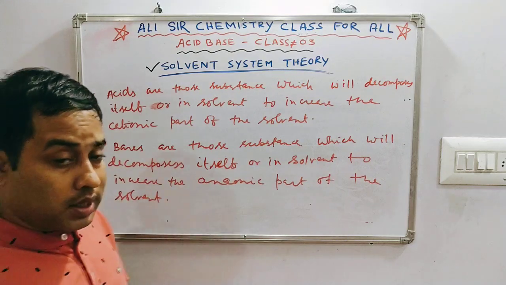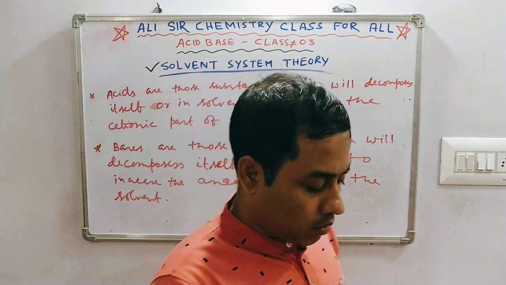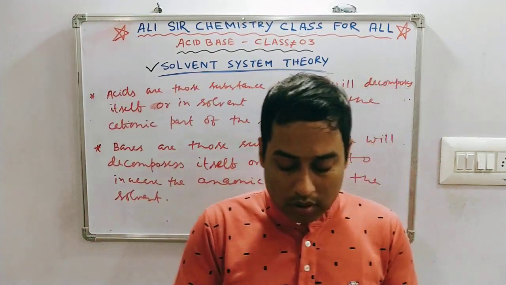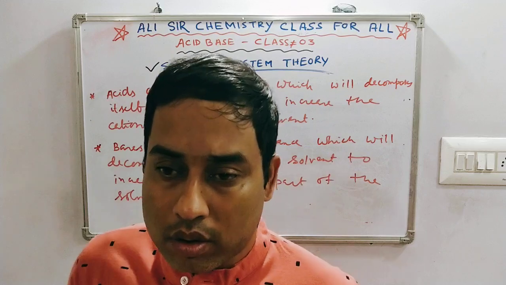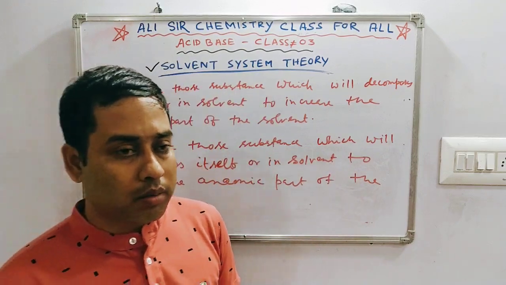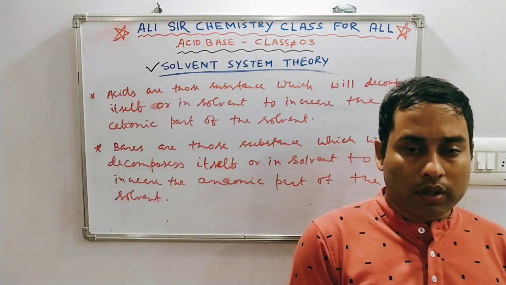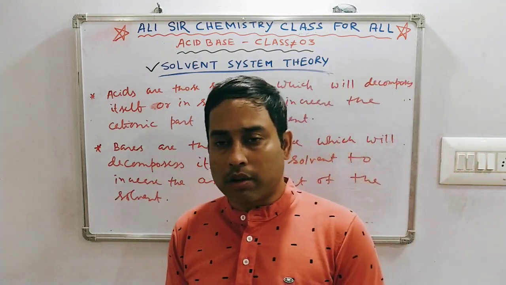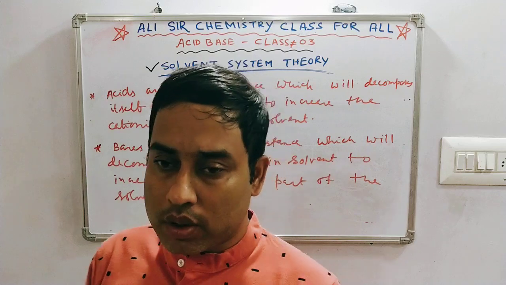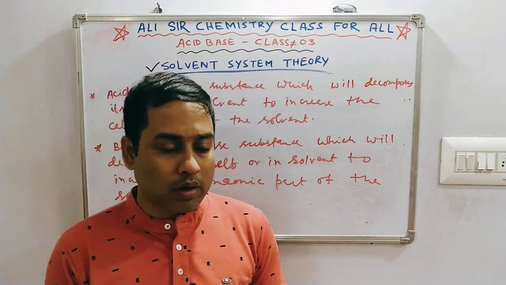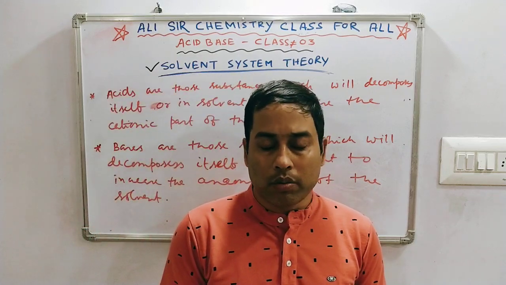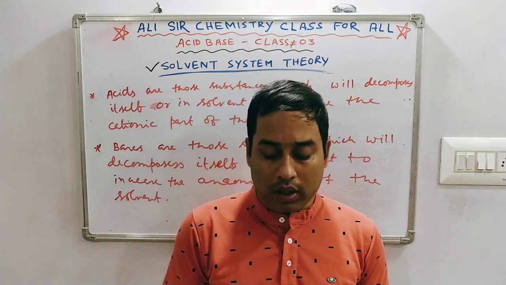So acids will increase the cationic part of the solvent and the base will increase the anionic part of the solvent. So if there is any compound that will dissociate itself or in solvent to increase the cationic part, that will be acids in the corresponding solvent, and a compound which will increase the anionic part of the solvent, that compound will be the base in that particular solvent.